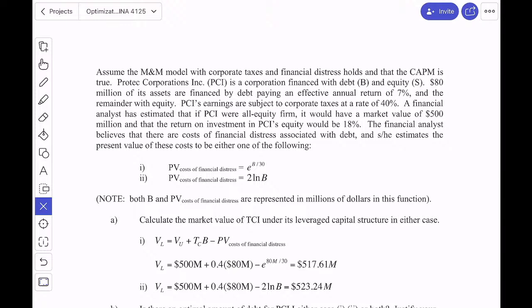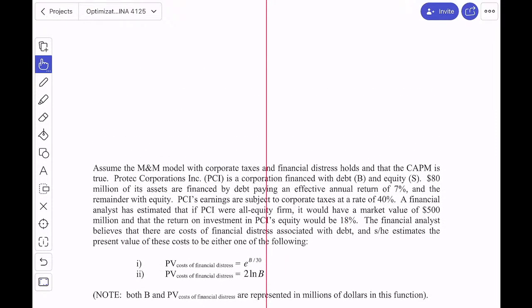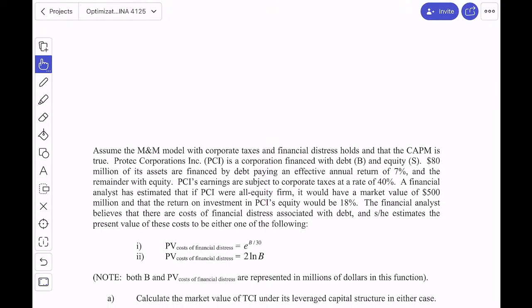And so the first question is, calculate the market value of TCI. Okay, let me copy that question and all of this stuff here.